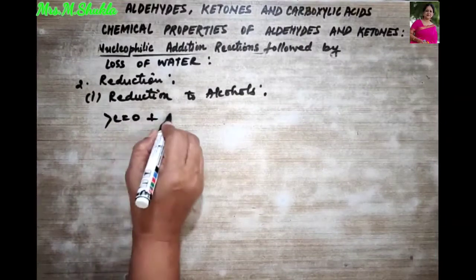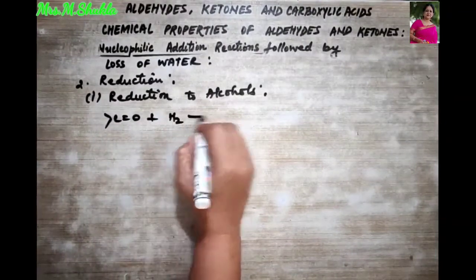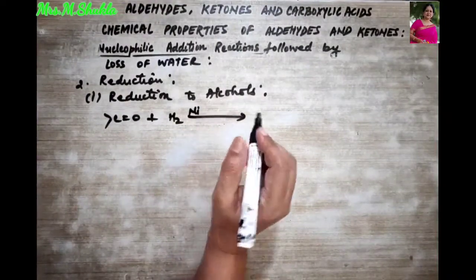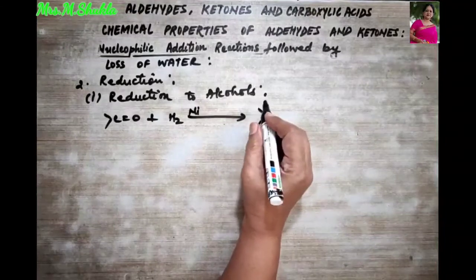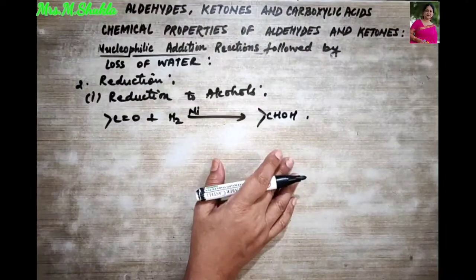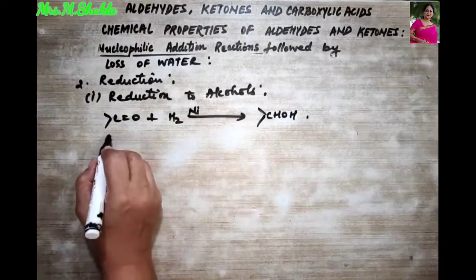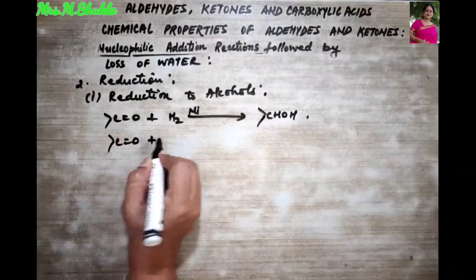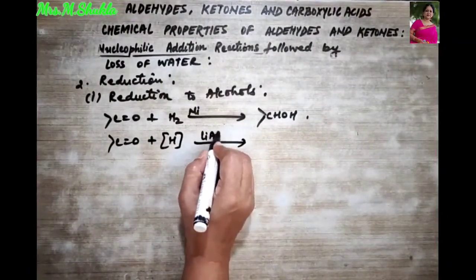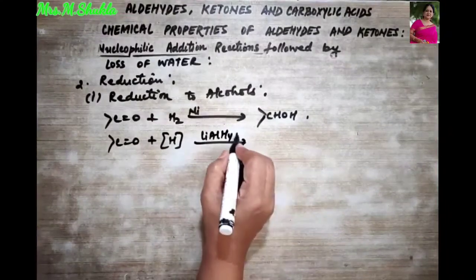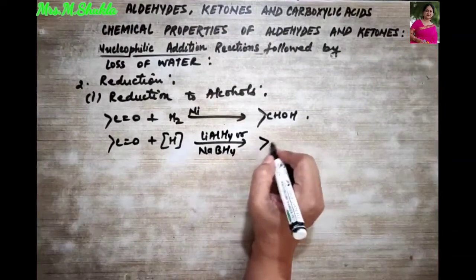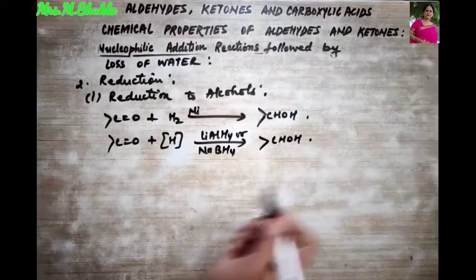C double bond O, when treated with hydrogen in the presence of nickel, platinum or palladium, is going to give us an alcohol. They can also get reduced in the presence of lithium aluminium hydride, or sodium borohydride, and will also give us the alcohol.